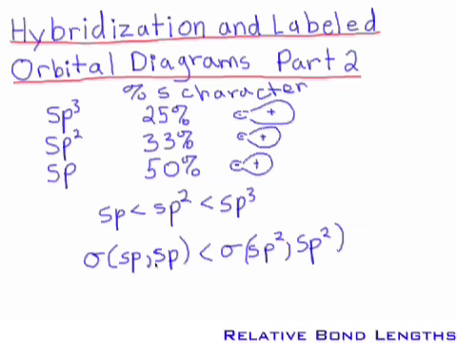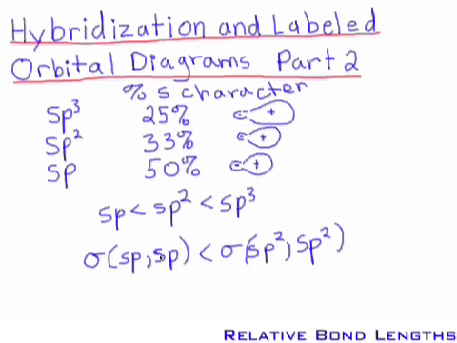Shorter bonds also typically represent stronger bonds. Right? So since sp sp is shorter than sp squared, which is shorter than sp cubed, we get more of a concentration of electron density in less space. So sp is the stronger bond.